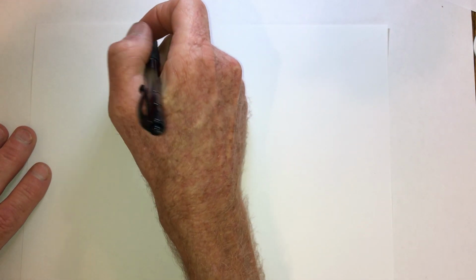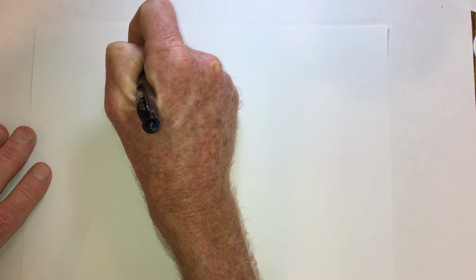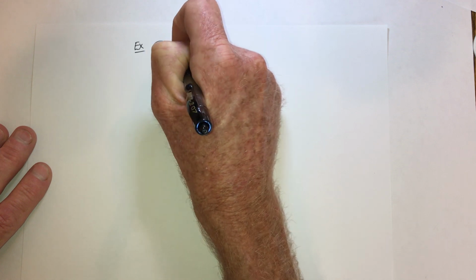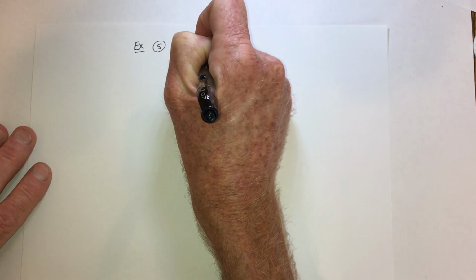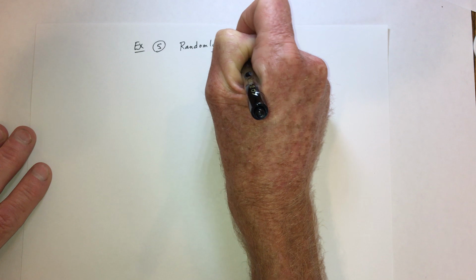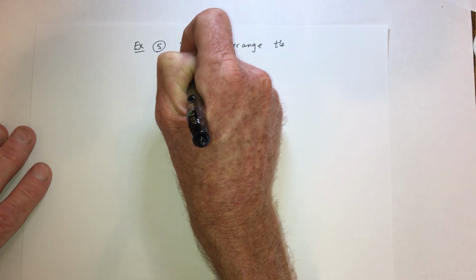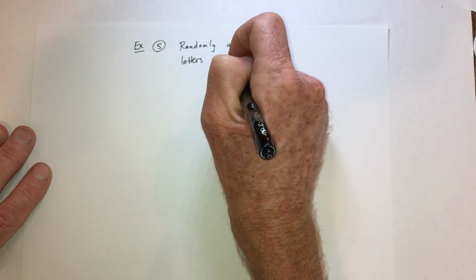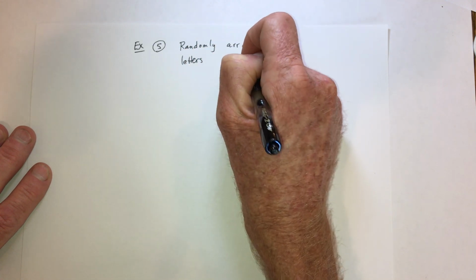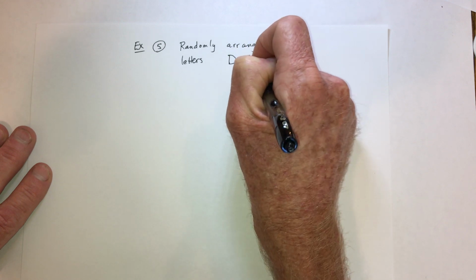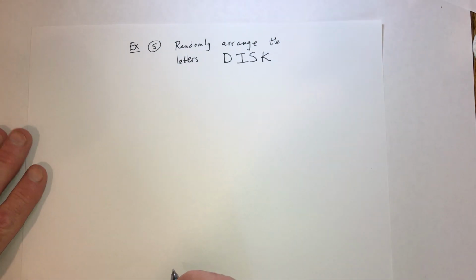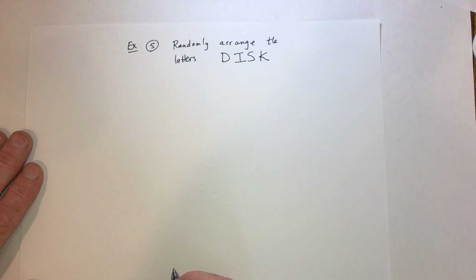And then one more example. Suppose that you randomly arrange the letters D, I, S, K. So randomly arrange those letters.